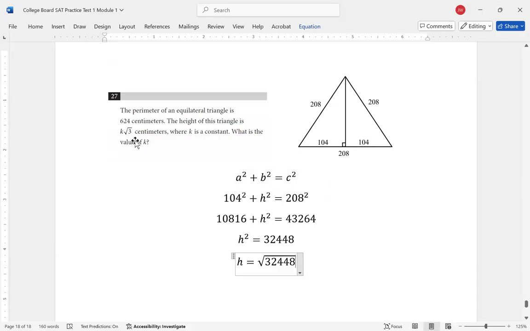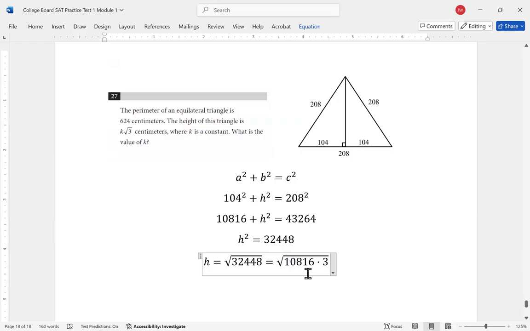And then it says the height is k times square root of 3. So I basically need to factor a 3 out of this. And when I factor a 3 out of this, what I end up with is the square root, let's call it, I'll write it this way, 10,816 multiplied times 3, all under the square root.